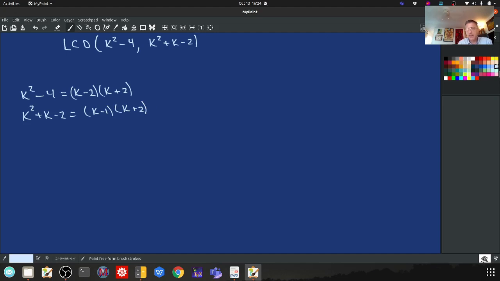So we can make our little table. We now know what our prime factors are going to be. I'll just call my prime factors PS: k minus 2, and if you want to keep them in parentheses, you can, it doesn't change anything, k plus 2.